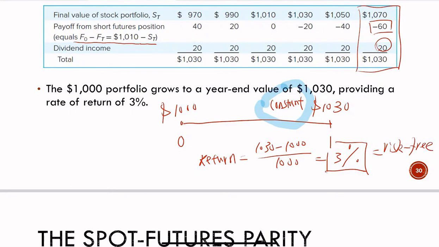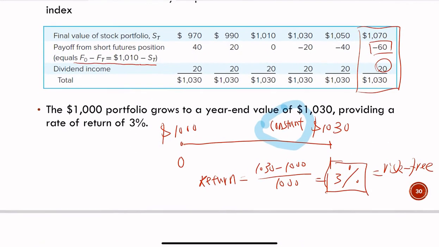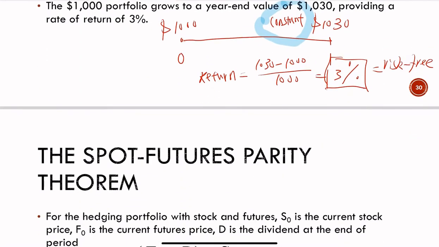It's a fixed number no matter what happens. So you will for sure get this 3% with your hedging portfolio. So this 3% is risk-free. That is, the risk-free rate is 3%. So this is the key to understand the hedging approach to derive the spot-futures parity theorem.